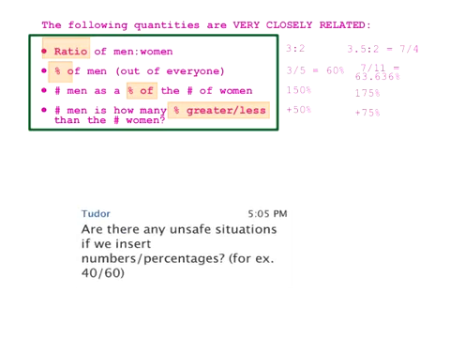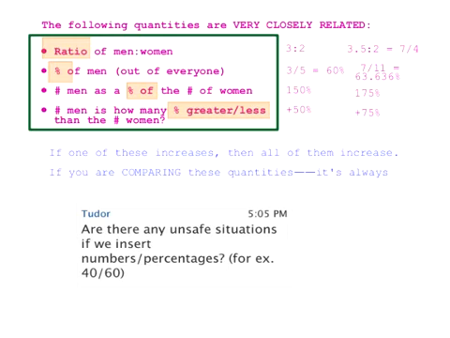But the point of this observation above, which I should probably write down explicitly, is that if one of these quantities increases, then all of them increase. So if you are comparing these quantities, as we were in the last problem, then it's always safe to replace any of them with any other of them.